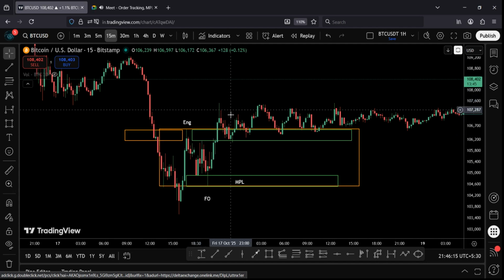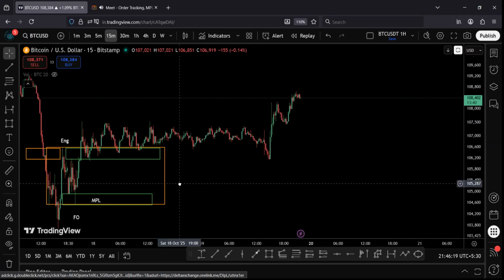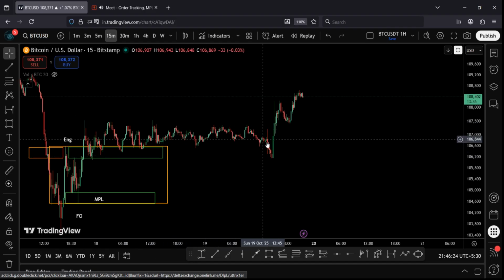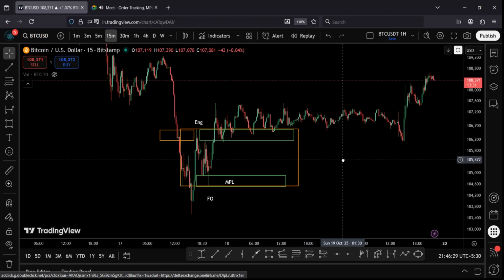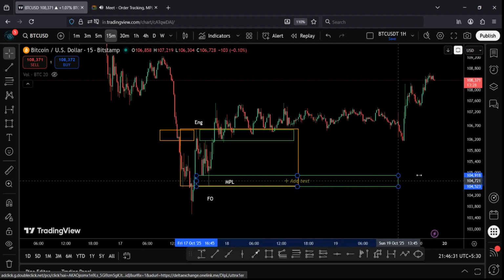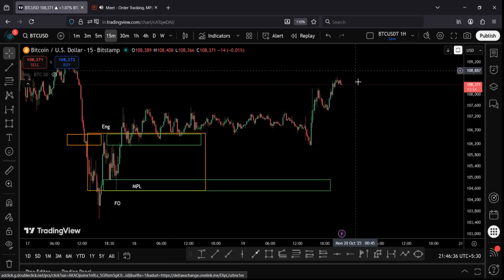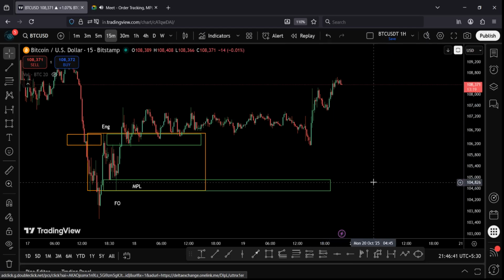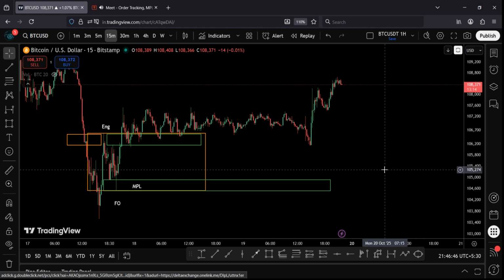Price crosses this, goes back, comes back again, and then goes up again, right? Goes up, a bit of pullback, but going up again. Price hasn't come till MPL now. Look at this. So it's possible the price may fall till here and go up, or go up first, come down, then reject from here, or may engulf it directly, and in that case it will become an ignored level, right?